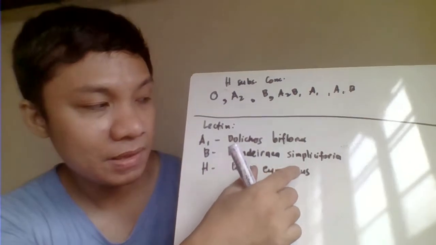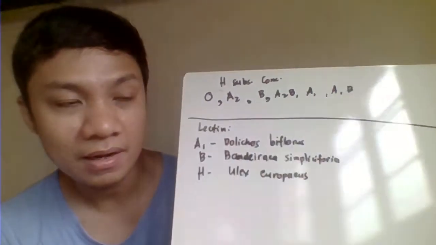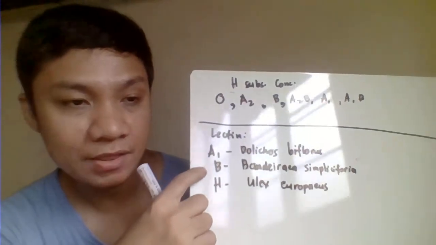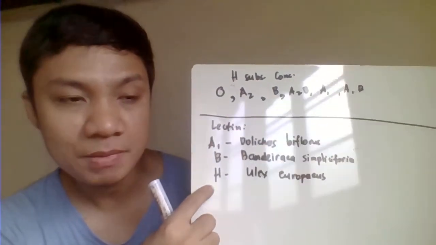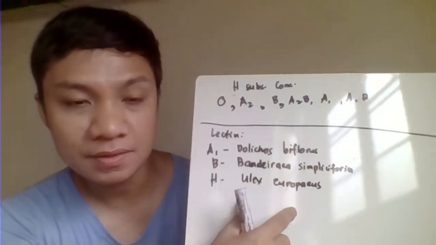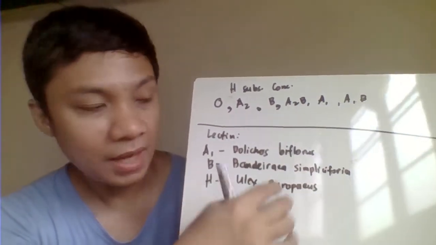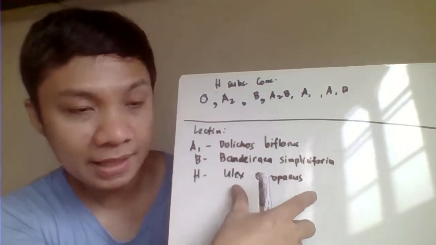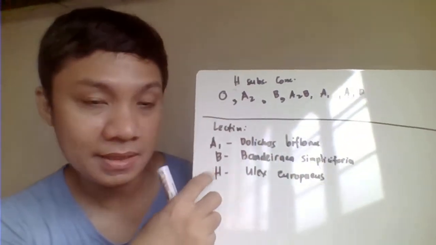Your Bandeiraea simplicifolia would eventually detect your B na antigen. And your H antigen could be detected here by your Ulex europaeus. Again, mga anti-sera. Ito ay mga antibody para ma-detect ang mga antigen na ito.